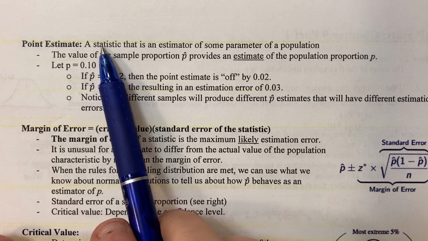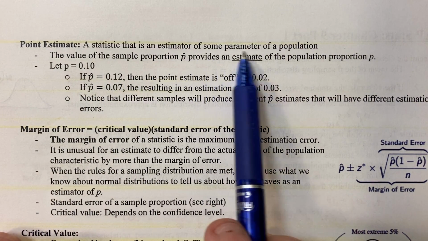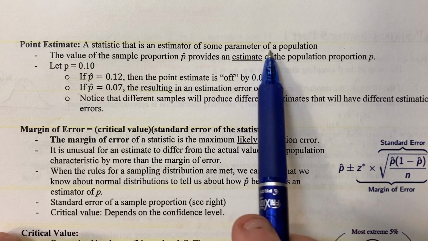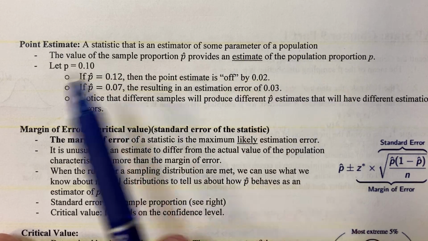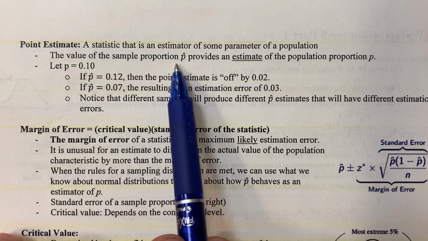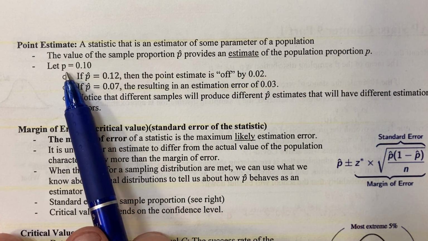Okay, first thing in a confidence interval is a point estimate, which we talked about. A point estimate is considered a statistic because it comes from a sample. It's an estimator of a parameter. So the sample proportion estimates the true proportion. The value of the sample proportion provides an estimate of the population proportion, okay?